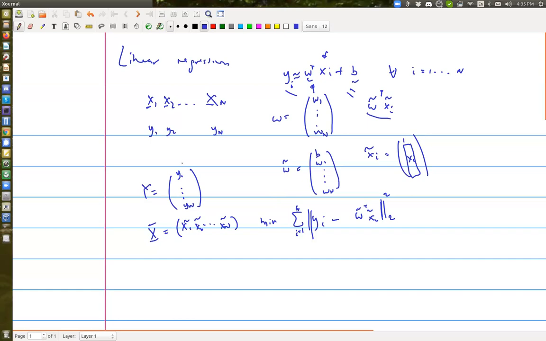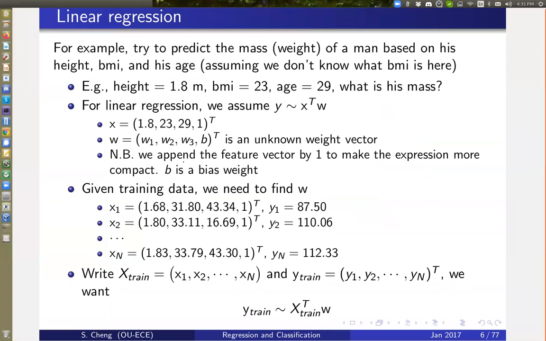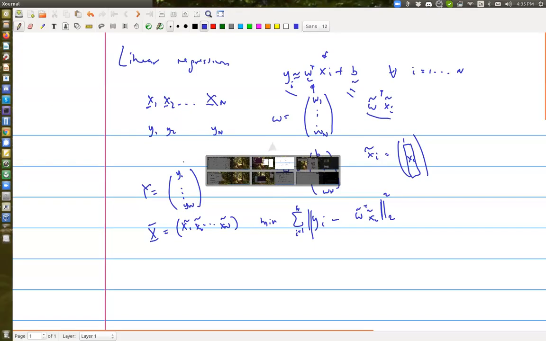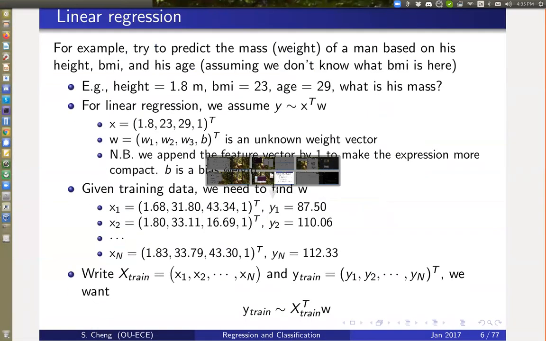I want to see what kind of notation I use here, to fit with my notation in the notes.